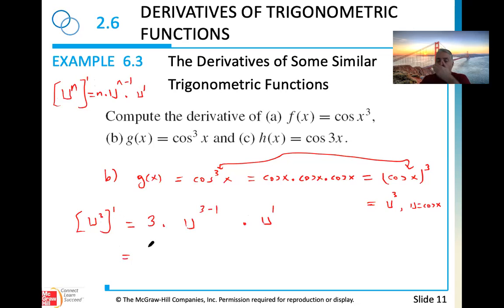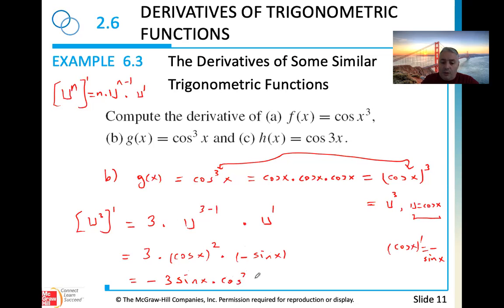Now 3 is 3. Now u is cosine of x, so I am writing cosine of x to the power of 2 times u prime. Since u is cosine, and I know that the cosine derivative is negative sine of x, I put here negative sine of x. So what will the final result be? Negative 3 times sine of x times cosine squared x. That's it.